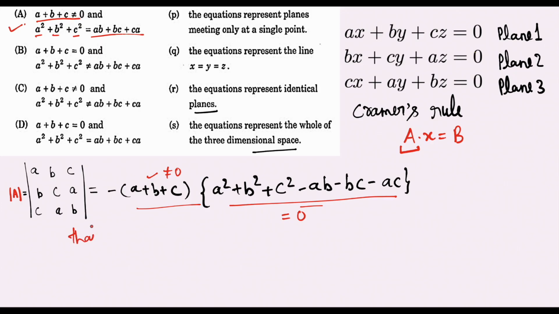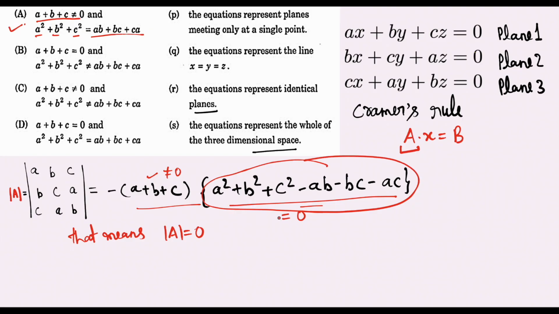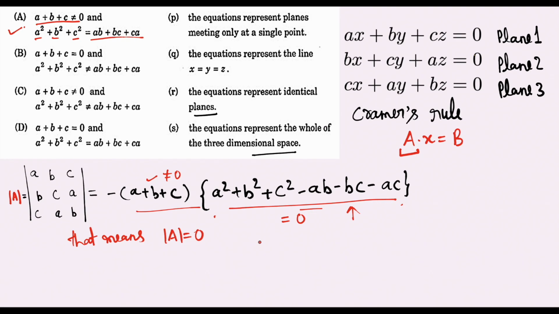Determinant A is obviously going to be 0, so we are not going to find a single solution. There will be no solution or infinitely many solutions.